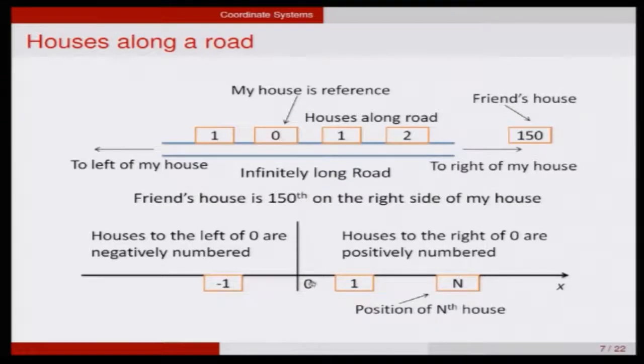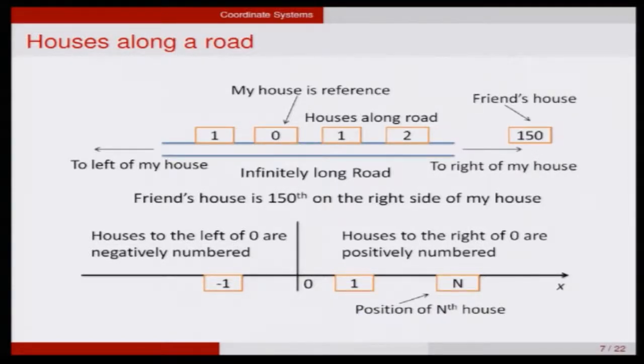To distinguish between houses to the right and houses to the left, I can say the houses to the right are positively numbered and houses to the left are negatively numbered. So, house number 1 which was to the left of my house has now become -1. Now, I do not have to specify go to the right or go to the left, I just have to specify -150th house or +150th house.